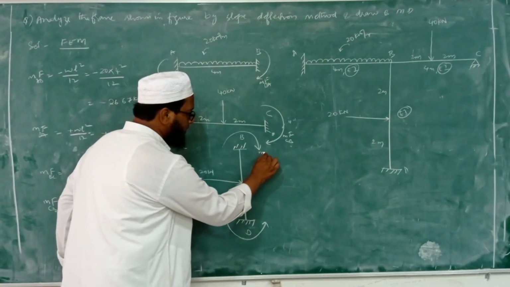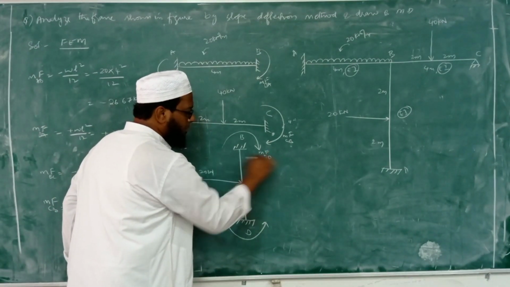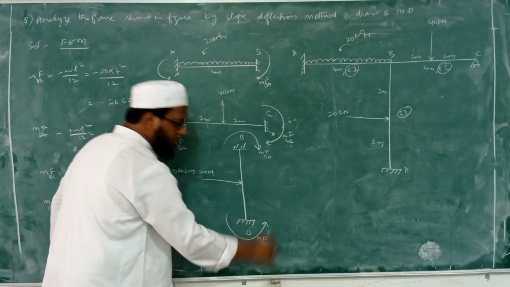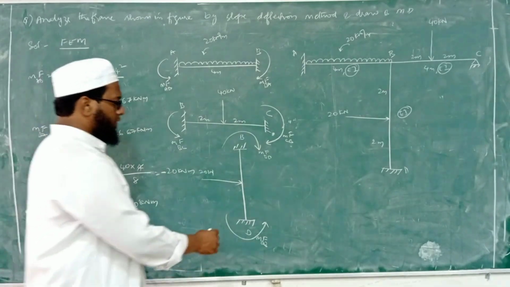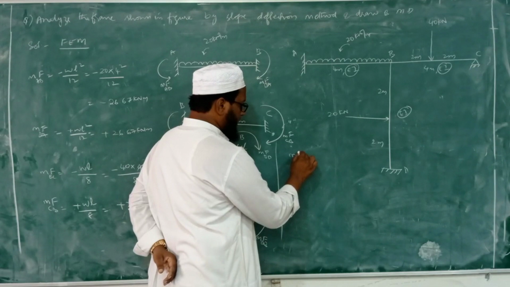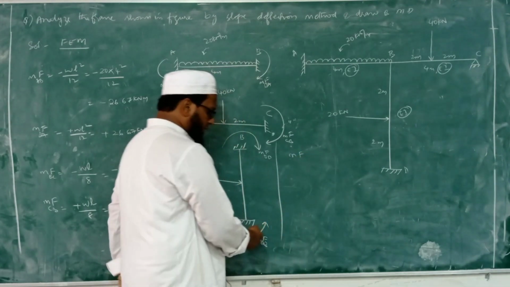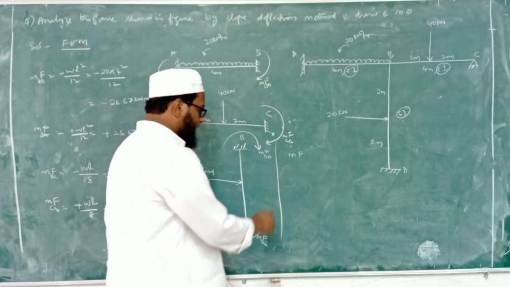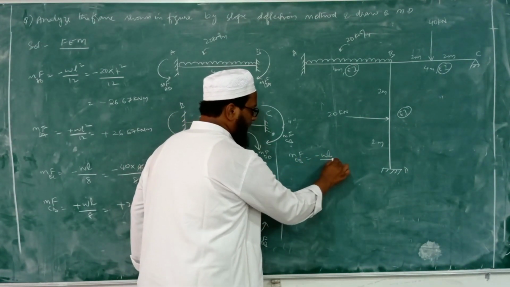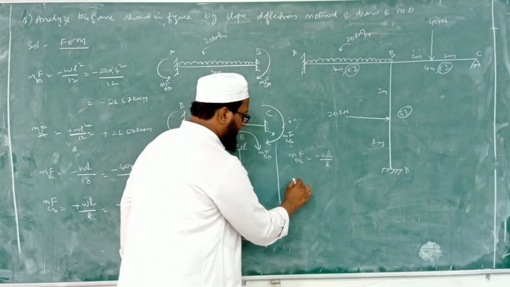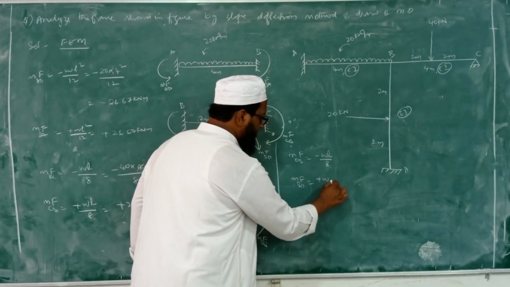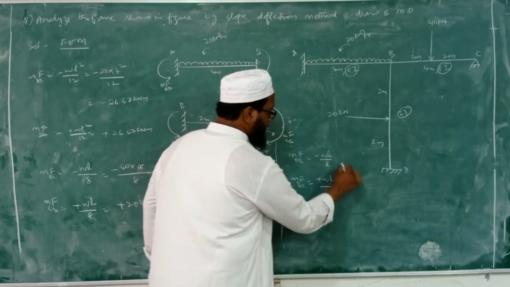So this one will be MFBD and this one will be MFDB. MFDB is equal to minus WL by 8 again, then MFBD is equal to plus WL by 8.